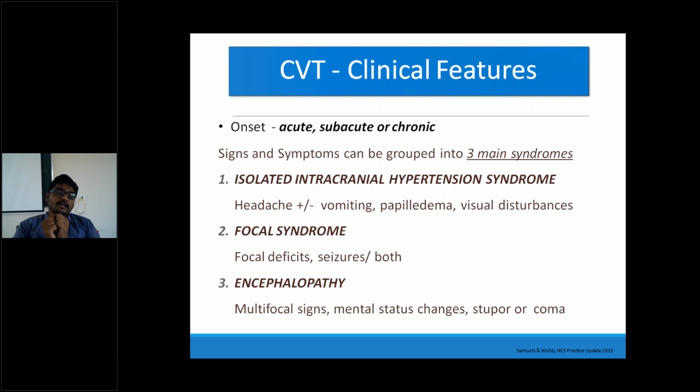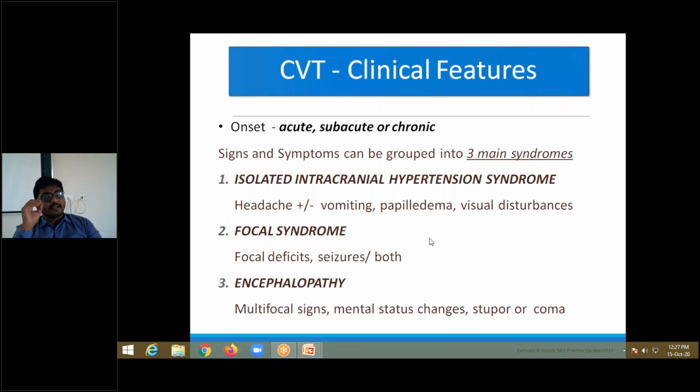What is the name of the triad you see in intracranial hypertension? Cushing's triad, right? Focal syndrome, focal deficits will be there, right? Seizures, multifocal signs, mental status changes, stupor, coma will be there, right?